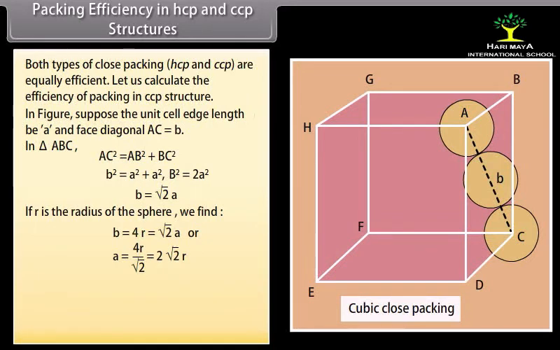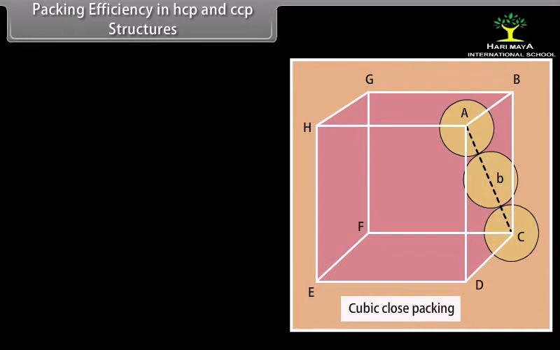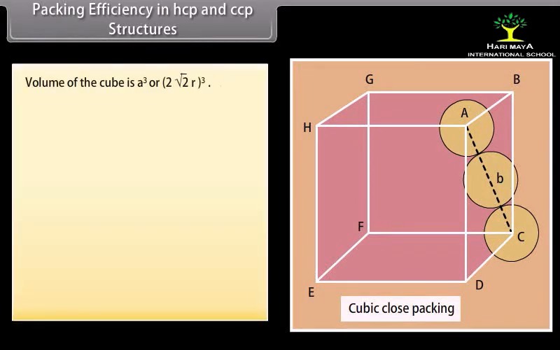We know that each unit cell in CCP structure has effectively 4 spheres. The total volume of 4 spheres is equal to 4 × 4/3 πr cube, and the volume of the cube is a cube or (2 square root 2 r) cube.